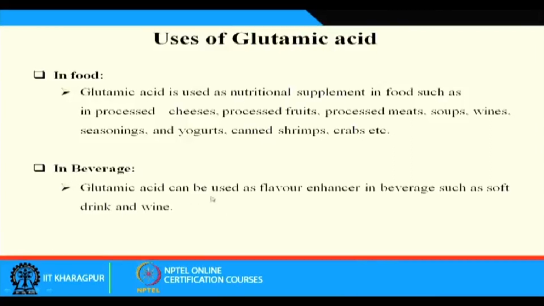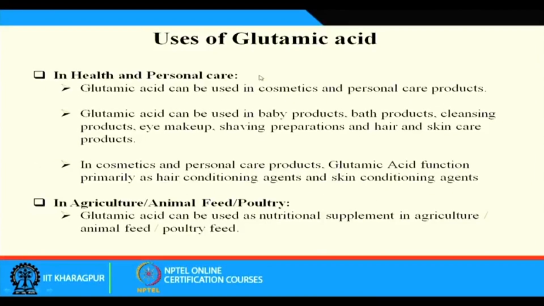Then in beverages, glutamic acid is used as a flavor enhancer in beverages such as soft drinks and wine. Now, use of glutamic acid in health and personal care. Glutamic acid can be used in cosmetics and personal care products, because in day-to-day life we use several cosmetic products. It can be used as a baby product, bath product, cleansing product, eye makeup, shaving preparations, hair and skin care products.